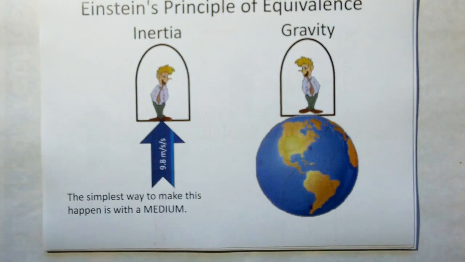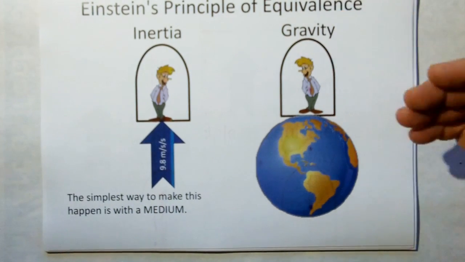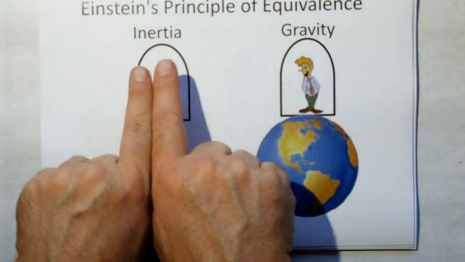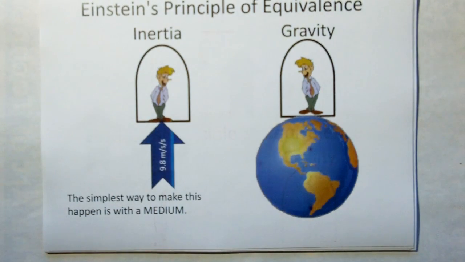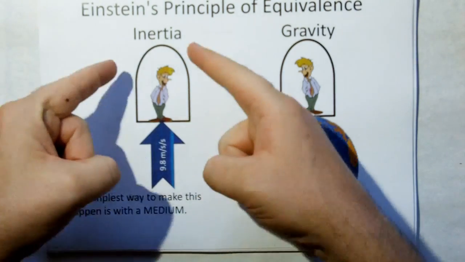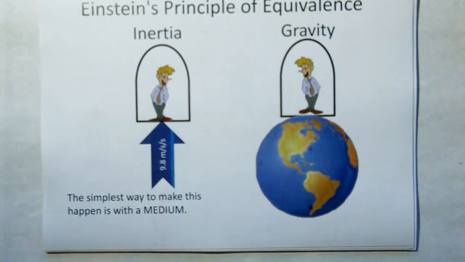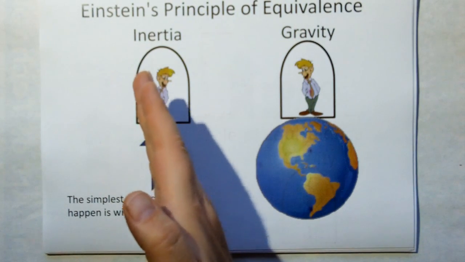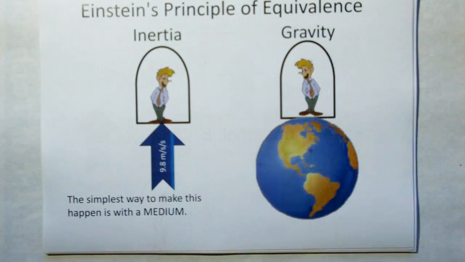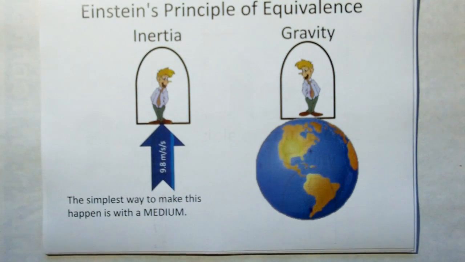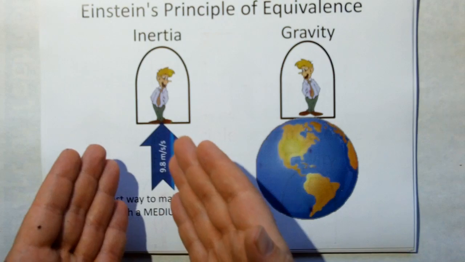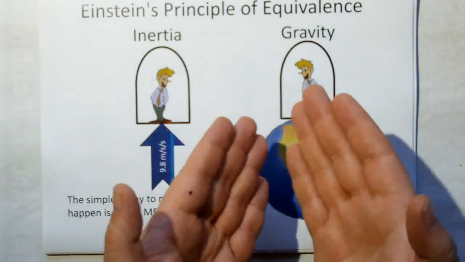So if we go back to Einstein's principle of equivalence, Einstein said that if you're accelerating through space at 9.8 meters per second squared in a little spaceship with no window, you wouldn't be able to tell the difference from sitting on the Earth. You could not in any way detect the difference. And so that's how he made a link to say that inertia is equivalent to gravity.